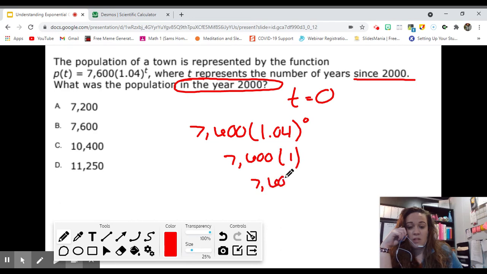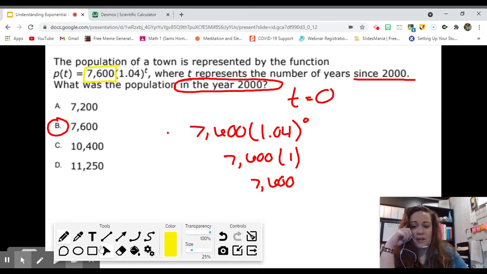So 7,600 is your answer. You also could have seen that from the equation, because if we recall, the A value in my equation is my y-intercept. Anytime that x is 0, that is going to be your y-intercept. Sorry, y'all, I'll try not to sneeze in the video.